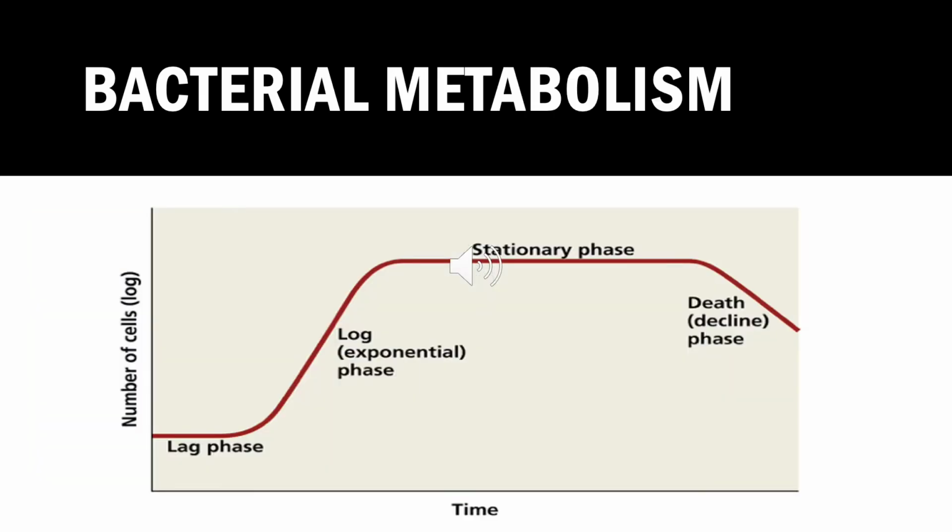Okay, so here I'm just continuing a little bit on that background information, and I just wanted to take a step back here to talk briefly about bacterial metabolism in general. So during the growth, there are four stages.